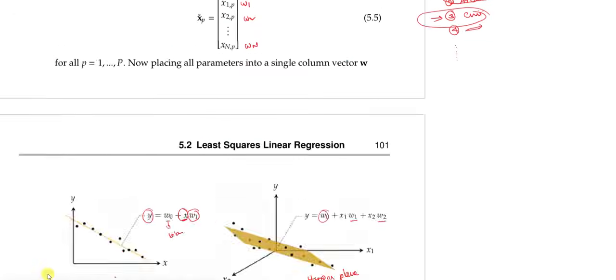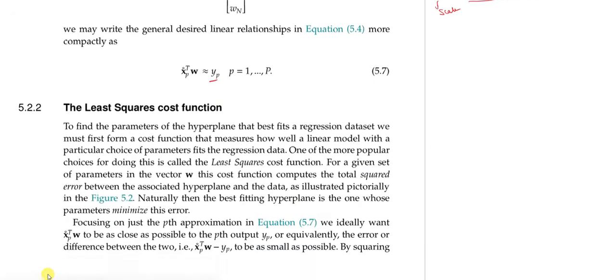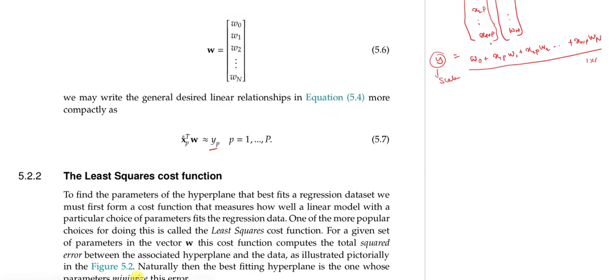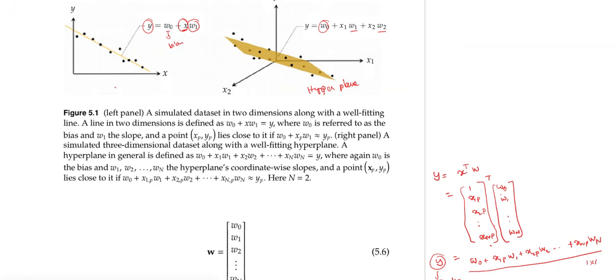And now, the least square cost function. What does the least square cost function mean? Simply, what I am checking is the difference between y and the fitted value at each and every point. This difference is the cost function, and it should be as minimum as possible.